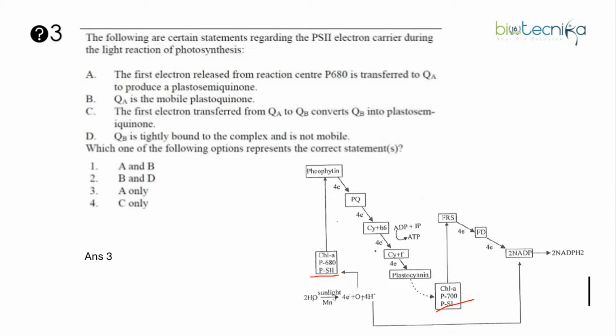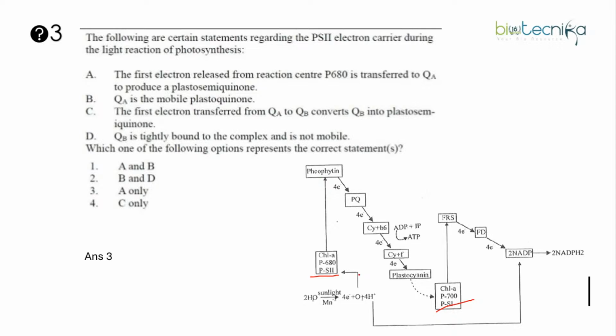This is what is happening in the light reaction of photosynthesis. PS2 has the reaction center chlorophyll a P680, and PS1 has chlorophyll a P700. When light falls on PS2, it excites this photosystem, and it releases an electron.